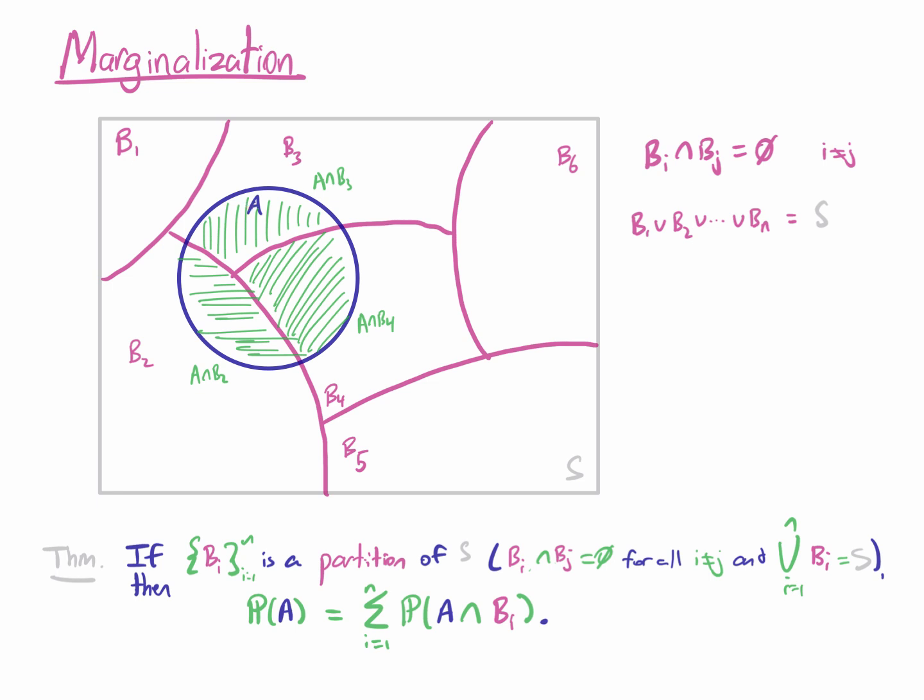That one is empty, so it's not going to contribute anything to the sum. I compute the intersection of A and B2. That one is not empty, so that is going to have a non-zero term here. B3 and B4, B5 and B6 are going to have zero terms again. And if I add up the probabilities of all these intersections, I'm going to get the probability of A itself.